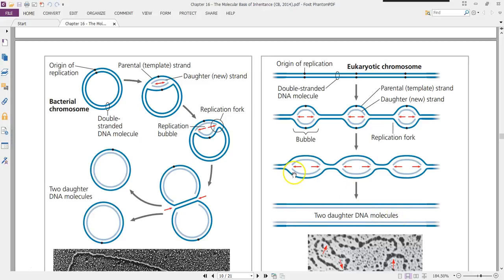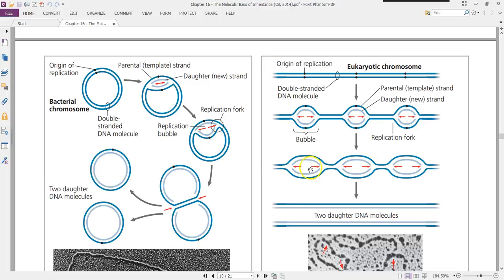So what happens inside a replication bubble is an enzyme comes along and starts banging nucleotides together to form the daughter strand, and replication proceeds in the direction of something called a replication fork, which is the point at which the DNA molecule is beginning to be unzipped. So basically these bubbles, which start quite small, eventually widen as the replication forks on either side of each bubble move in opposite directions.